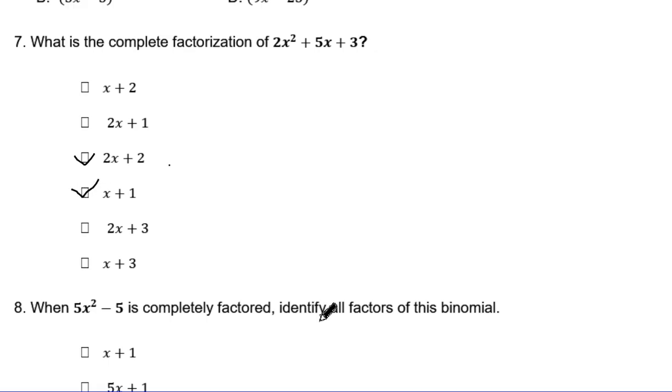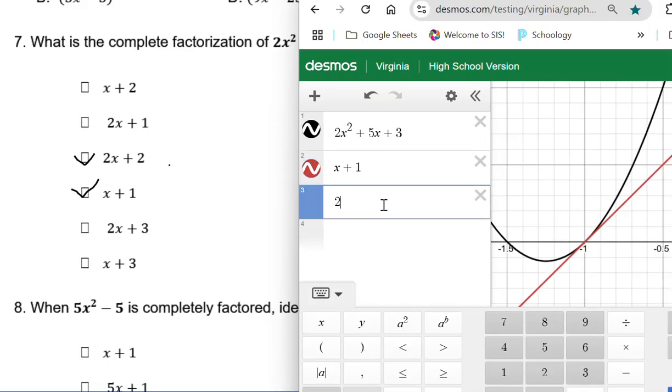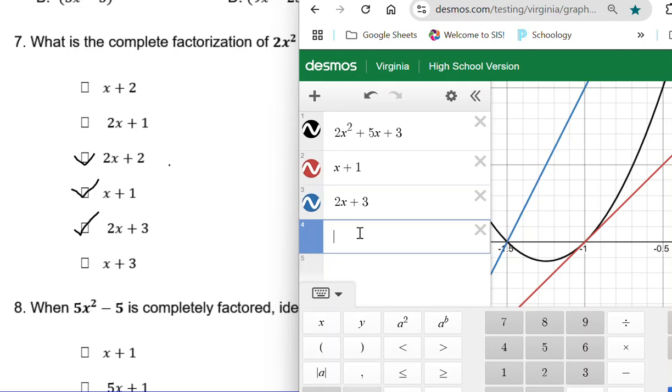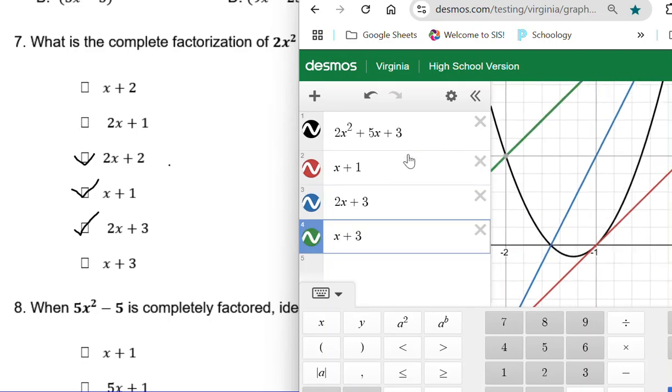And then 2x plus 3, that one works. And what else? X plus 3. X plus 3 doesn't work. Okay. So far, what else for 2x plus 2? Oh, plus 2 also worked.